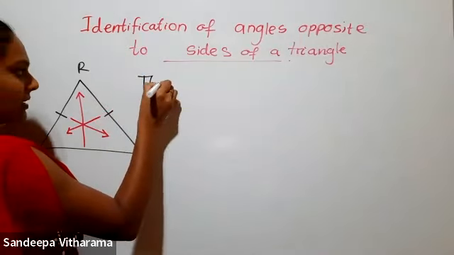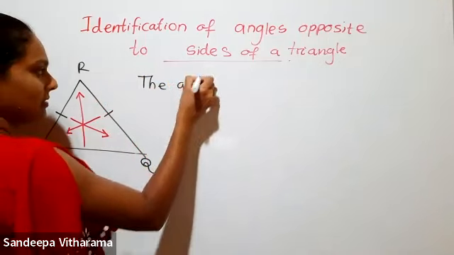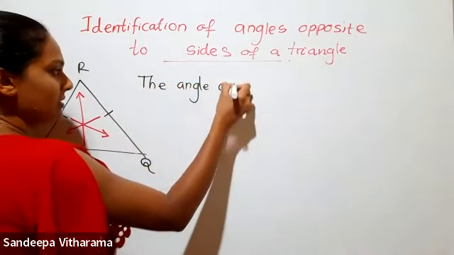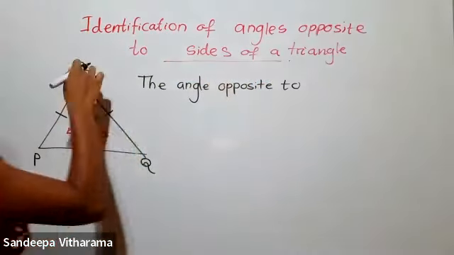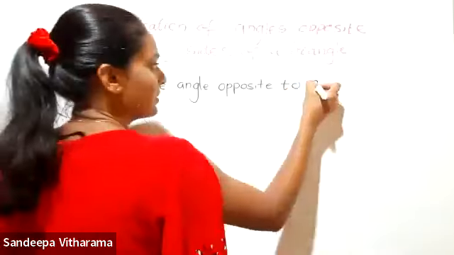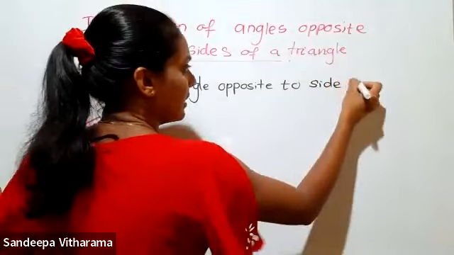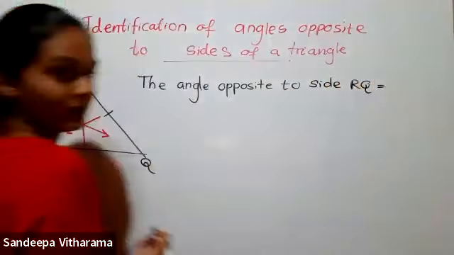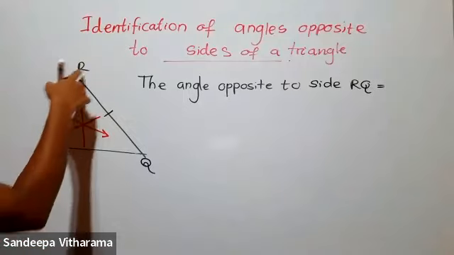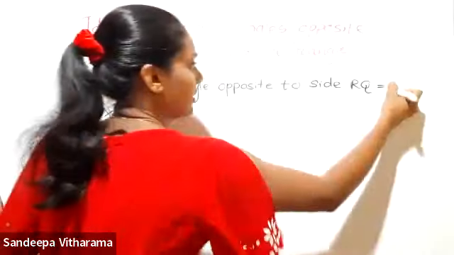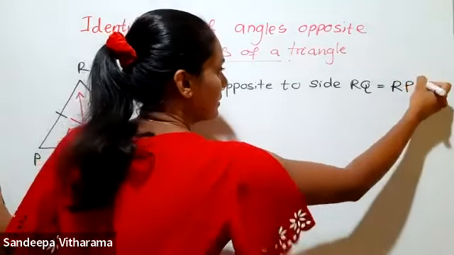The angle opposite to side RQ equals RPQ.